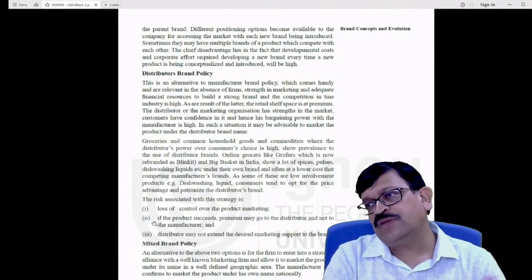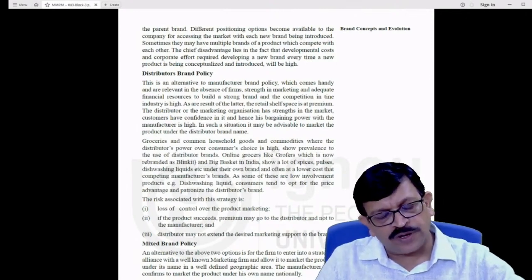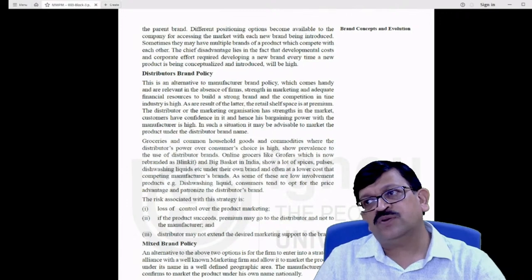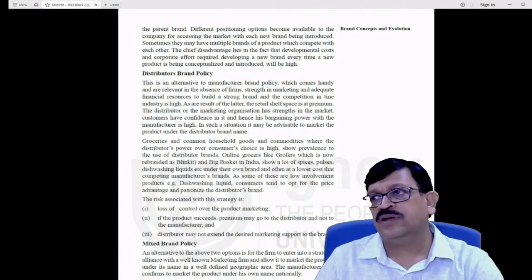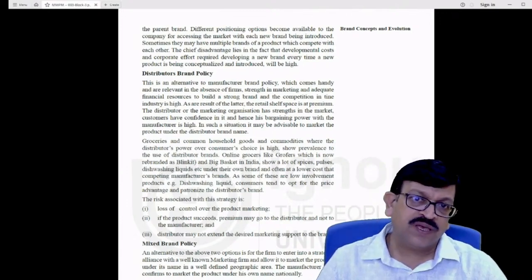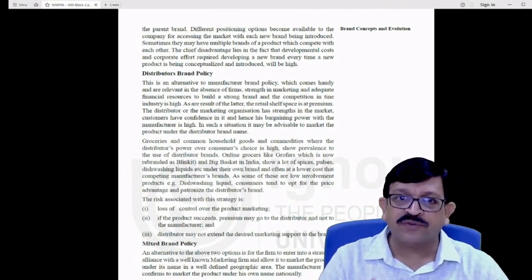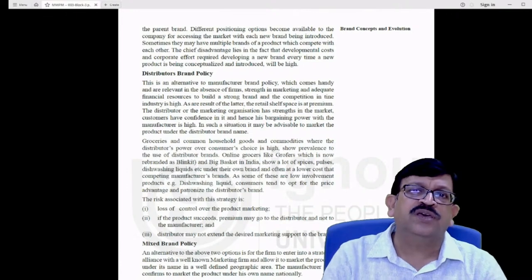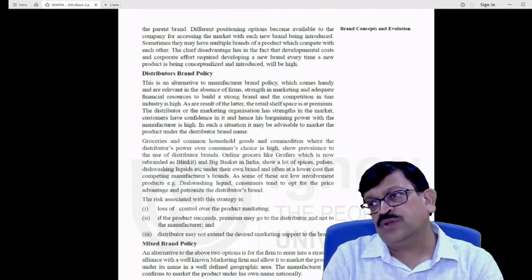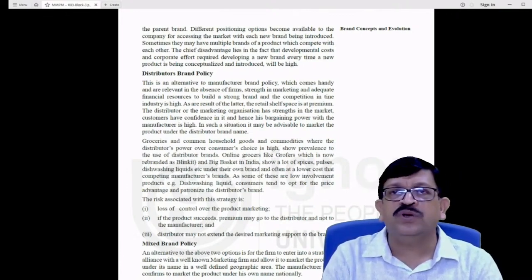But then the point is, it is slightly different from the family blanket name, because in family blanket we already have a brand which is already established, which has already got a kind of leverage with the customers. But in this case, it could be a new branding that you are doing, starting from scratch. You have to build it from scratch, but it has its own advantages too, though it is expensive.